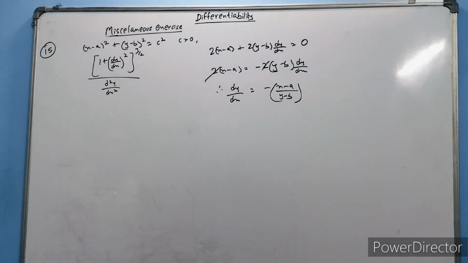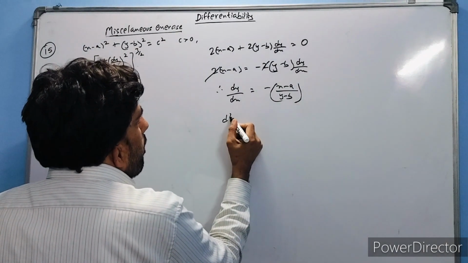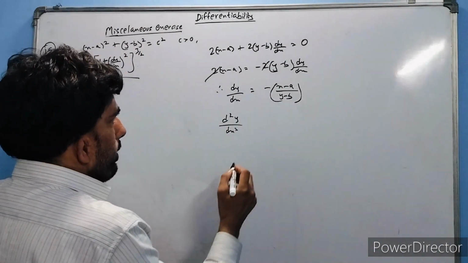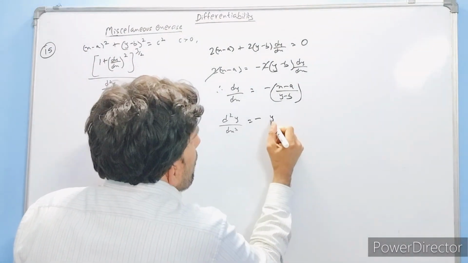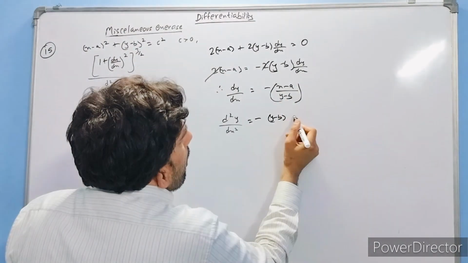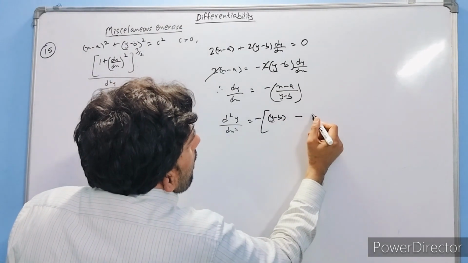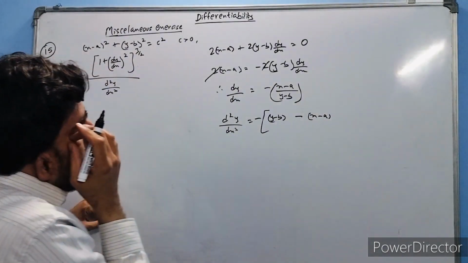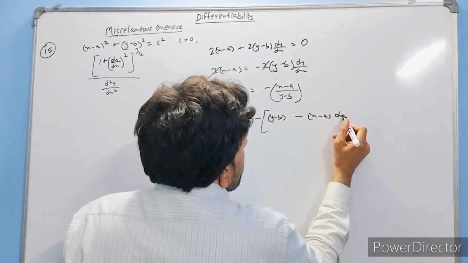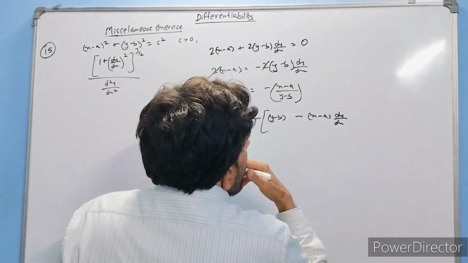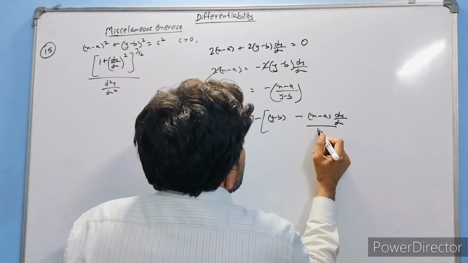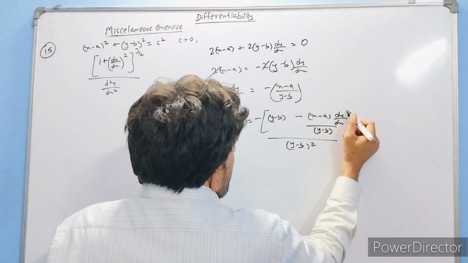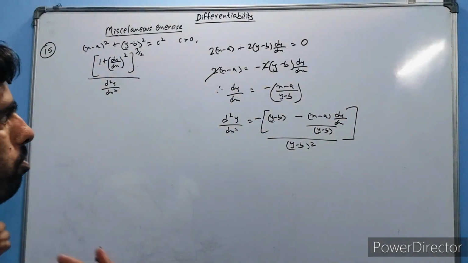Now we'll try to differentiate it again. So we have d²y/dx². We'll put it as it is: (y − b) into the differentiation of −(x − a), which is 1, minus (x − a) into the differentiation of (y − b), which will be dy/dx, upon (y − b)².